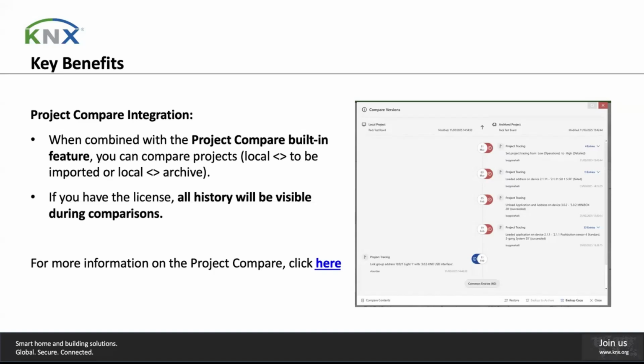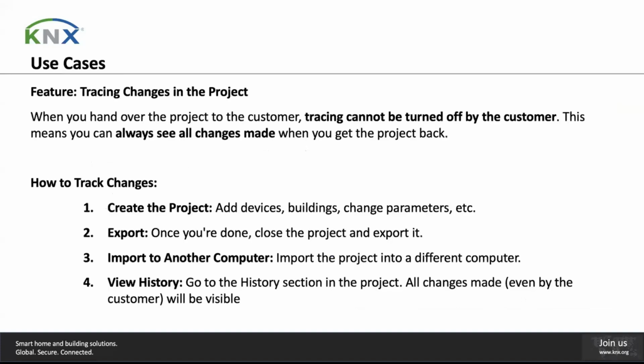And there's an article linked here which is on the KNX Association website, which goes into more detail about this. And the useful thing is this tracing can't be turned off by the customer. So you're always going to see these changes. Whatever anyone else has done, you'll see that stuff because it can't be turned off.